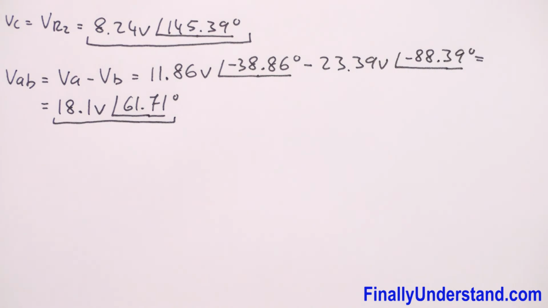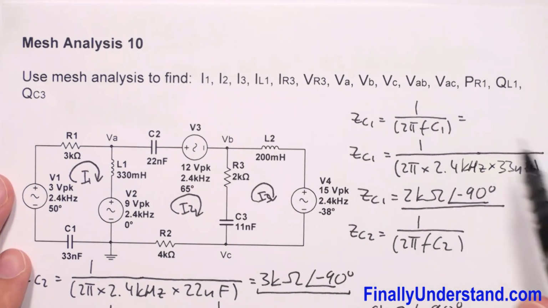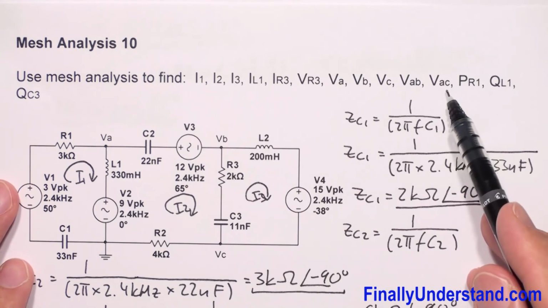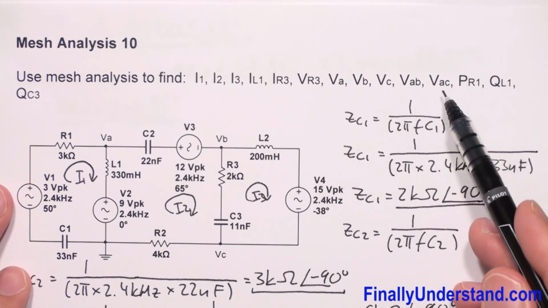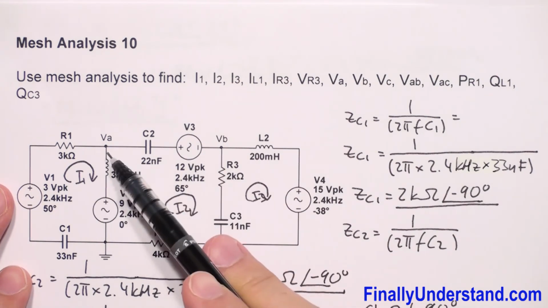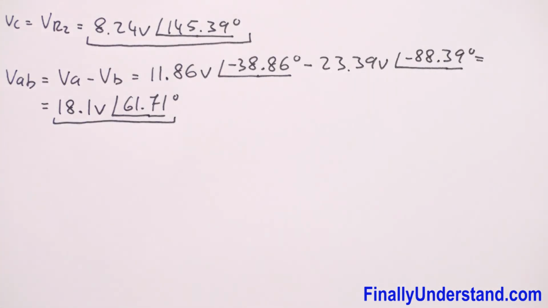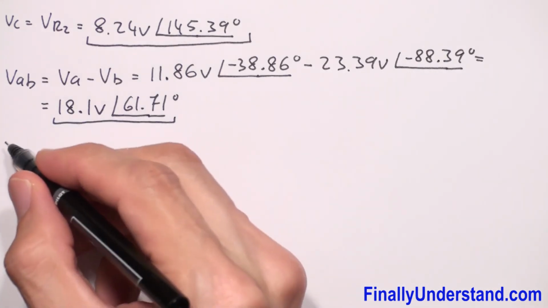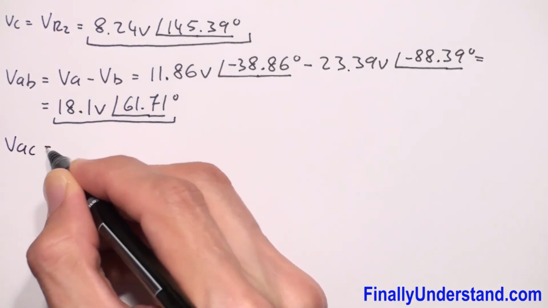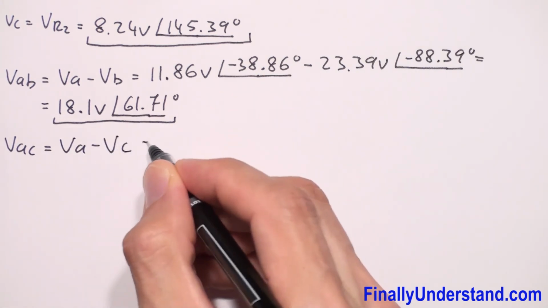Next I'm supposed to find the voltage VAC. Again, this is the difference between these two voltages. VA minus VC. So VAC is equal to VA minus VC.